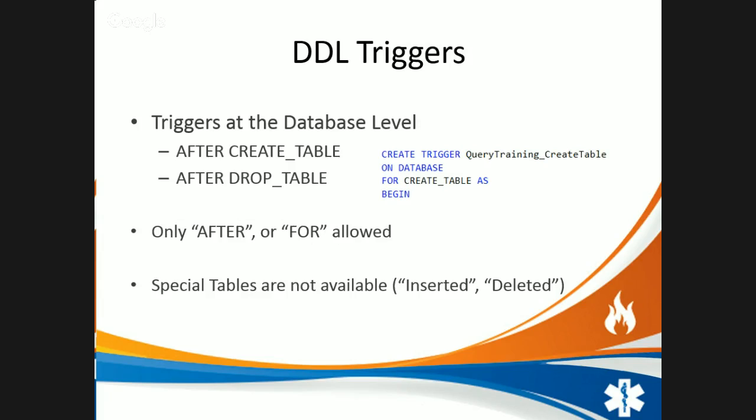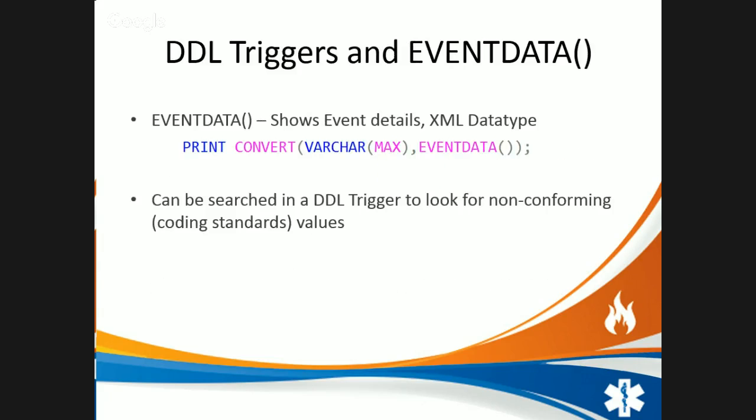DDL triggers are at the database level. You can create them, or you can have them occur when or after a create table or a drop table. You can't do an instead of. You can only do afters or fors. And as you'll see, it's useful for maybe enforcing naming conventions on tables, or there's a whole bunch of data you can access when this event occurs through event data.